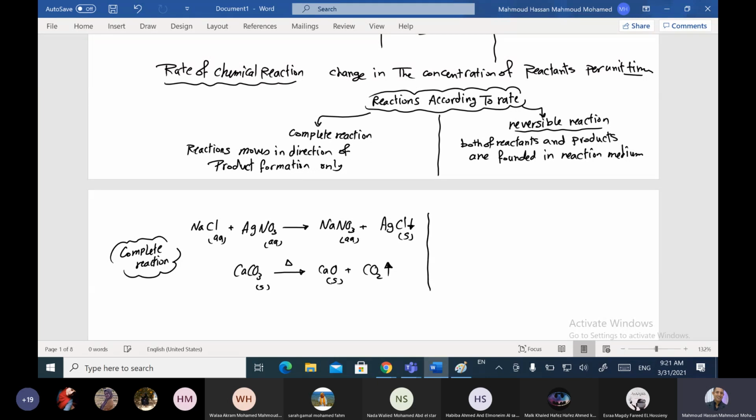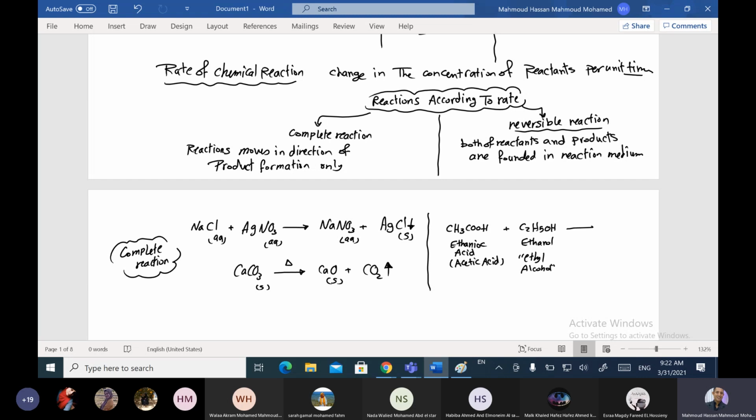What happens in the case of reversible reactions? Let's talk about the example of the reaction of acetic acid, CH3COOH, ethanoic acid, whose common name is acetic acid, reacting with ethanol, or ethyl alcohol as a common name.